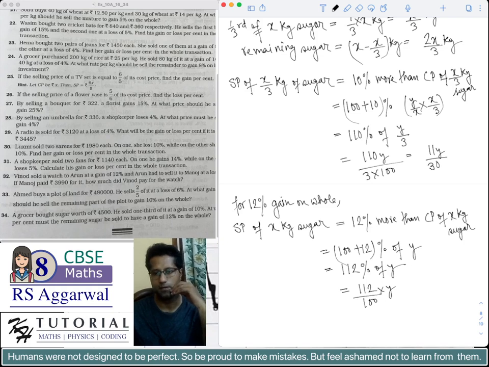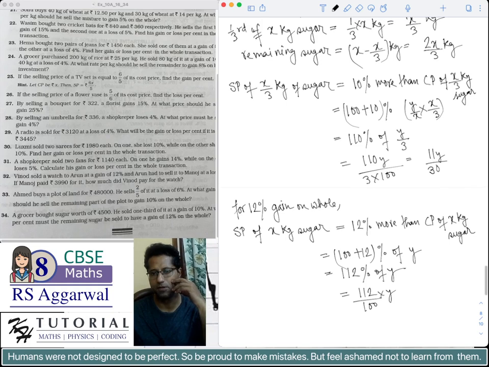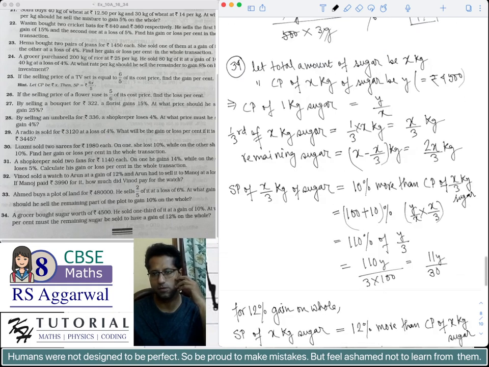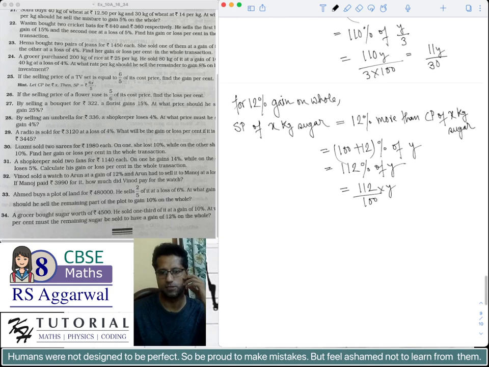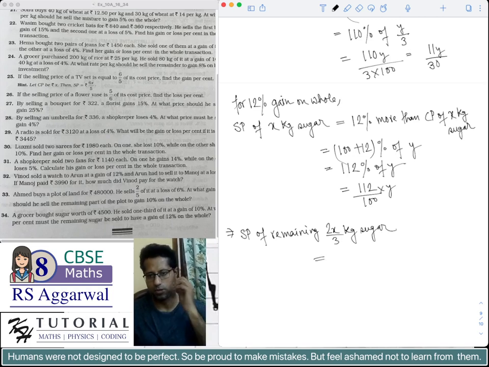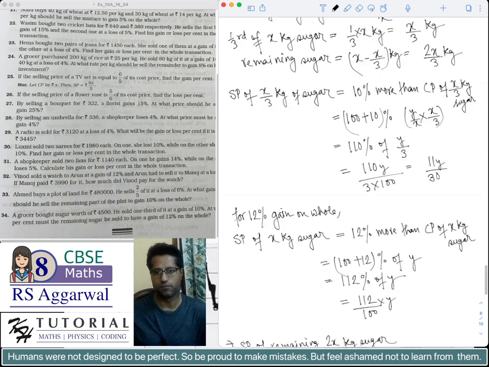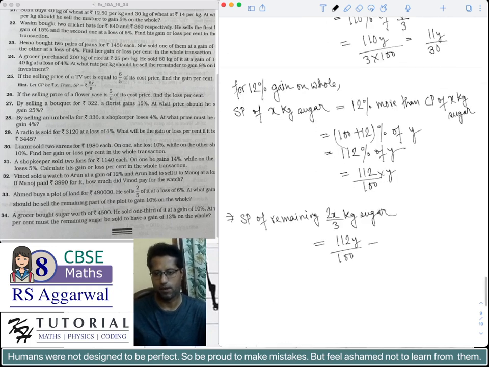Now what should be the selling price of the remaining sugar, which was 2x by 3? So we can say that the SP of the remaining 2x by 3 kg sugar should be equal to the total selling price, which is 112y by 100, minus the selling price of the 1/3 of the sugar, which is 11 by 30.